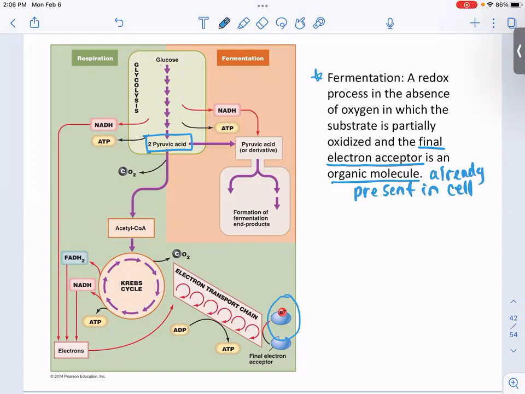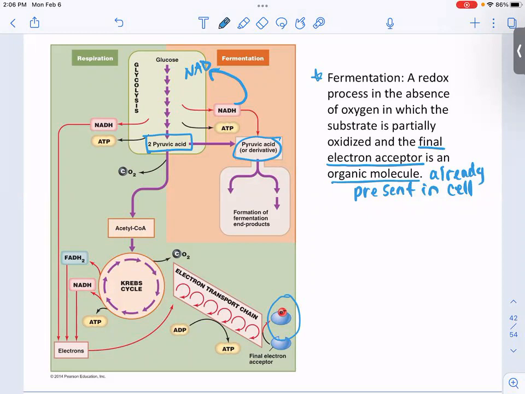And here's the other really important thing. What's happening here, the NADHs that come off of glycolysis are cycling back. They're dropping off their electrons, usually with pyruvic acid accepting an electron, and the NADH is oxidized back to NAD.